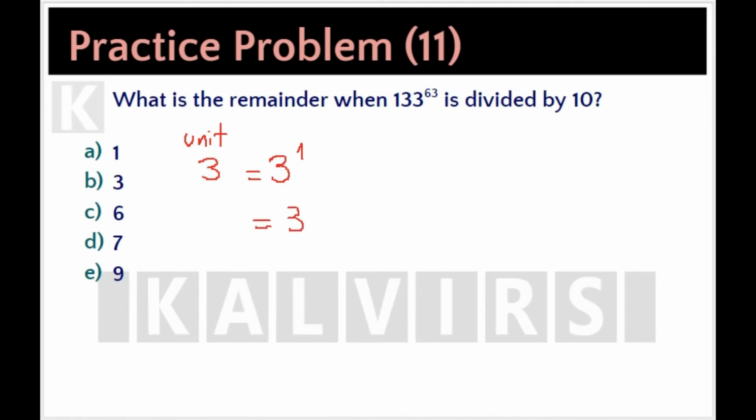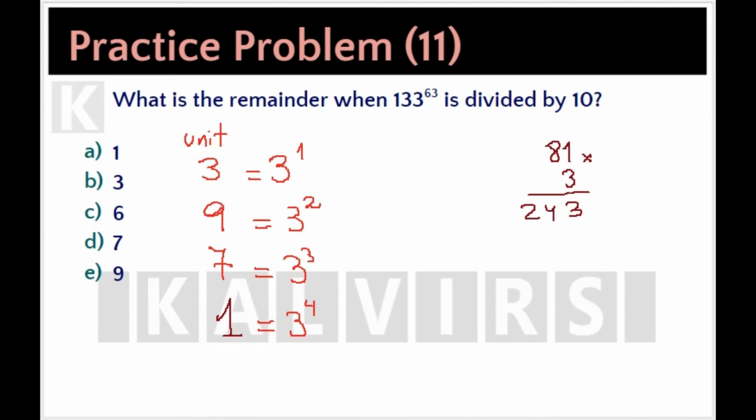Now, 3 squared is 9. Unit digit 9. 3 cubed is 27. Unit digit 7. And 3 to the fourth power is 81. Unit digit 1.